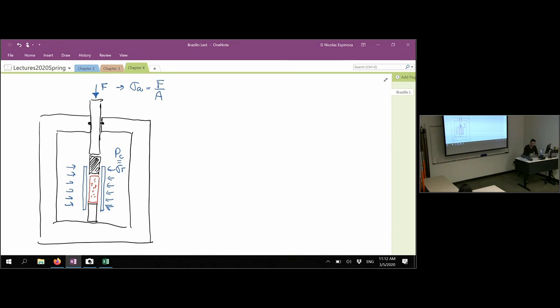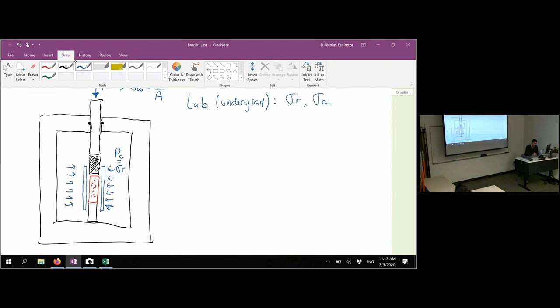So in the laboratory then, let me call it the one that you did. What you measure are sigma r, or that you prescribe sigma r, and then you measure sigma a. In some other tests, which are a little bit more precise, you do something slightly different.